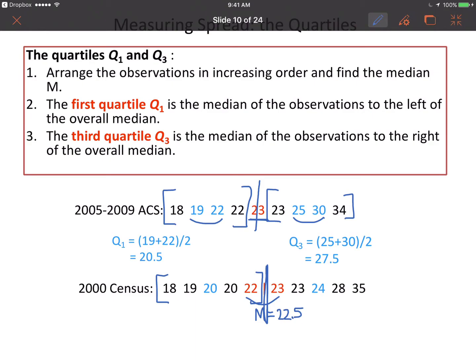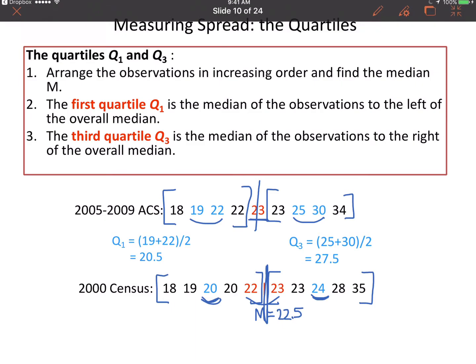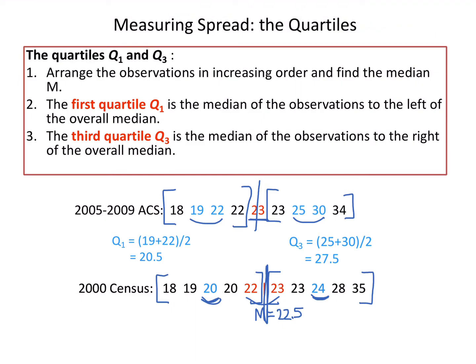So there are 5 numbers there, and the middle number is exactly 20. So there's my Q1. And when I look at Q3, I'm going to look at the 5 numbers to the right of the median. So I have 23, 23, 24, 28, and 35. And so that middle number there is 24, and that'll give me Q3.